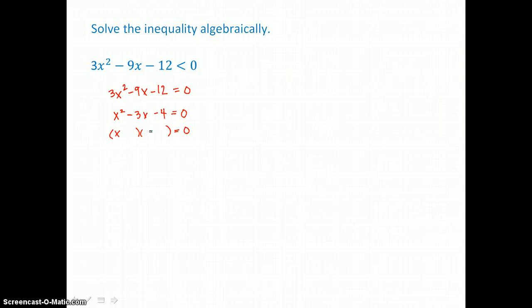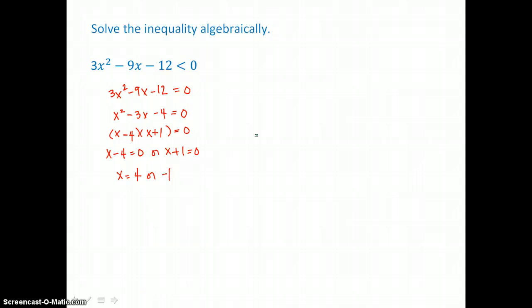Factors of x squared are x times x. Factors of 4 that have a difference of 3 are 4 and 1. I need to make the 4 negative and the 1 positive, so that negative 4x plus positive 1x is negative 3x in the middle, and negative 4 times positive 1 is negative 4. Now using the zero product property, I'll set those factors equal to 0 and solve for x. So I'm getting x is equal to 4 or negative 1.